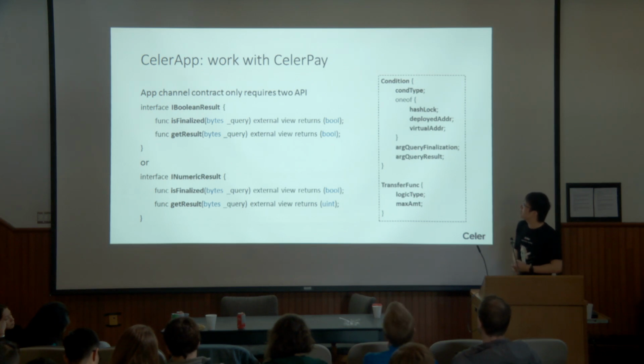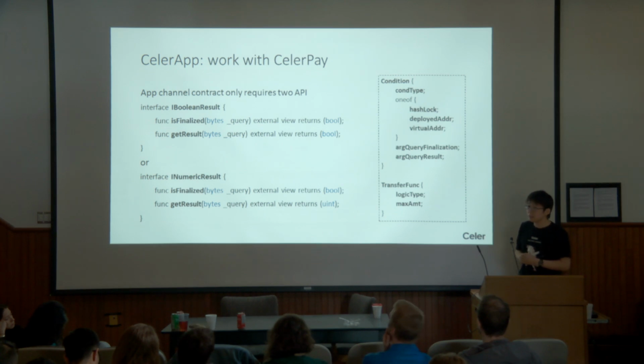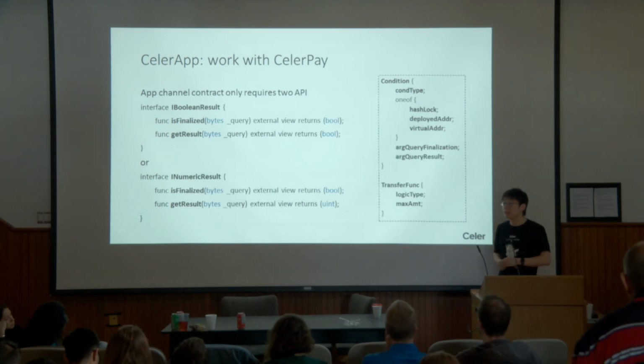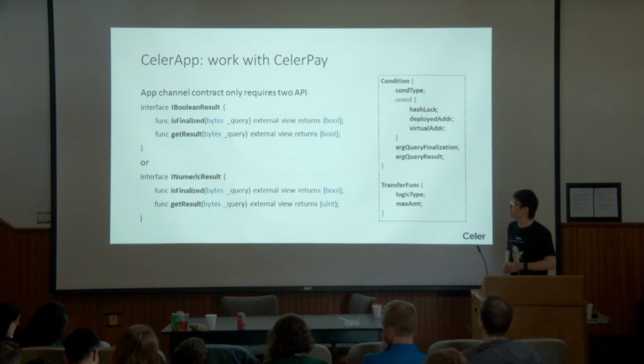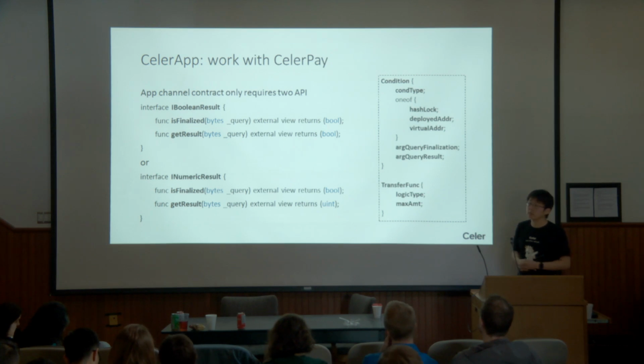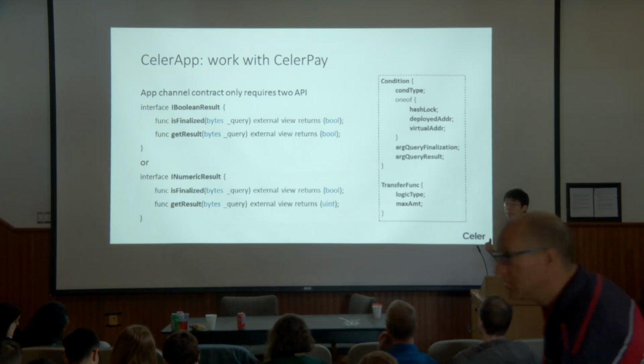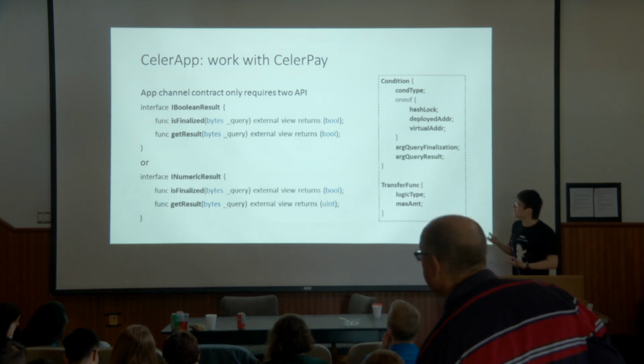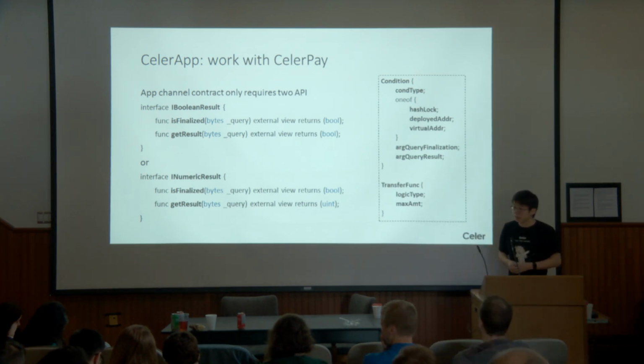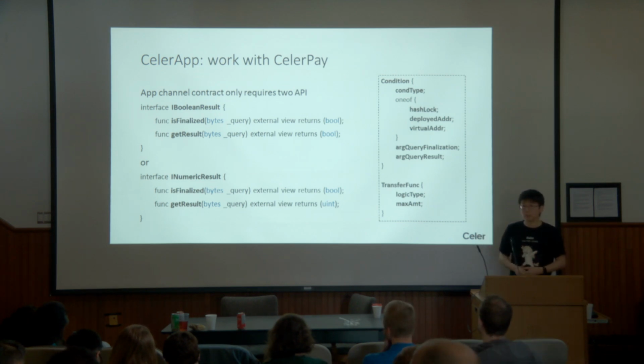So if you only want your application to work with our payment channel, you actually only need to support two simple APIs based on the type of result of the condition you want to provide. Either the condition is finalized and then you get a result, either a Boolean result or a numeric result to return the actual amount you should pay.